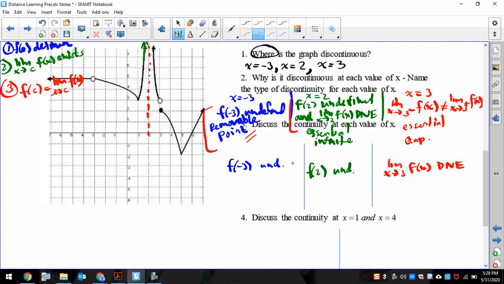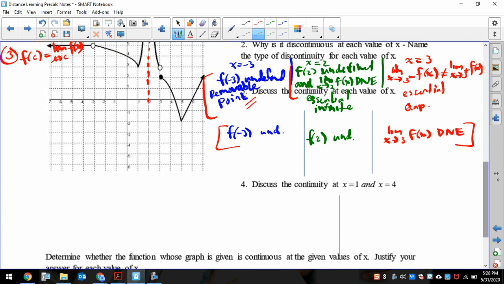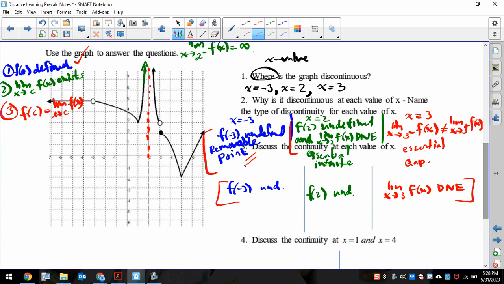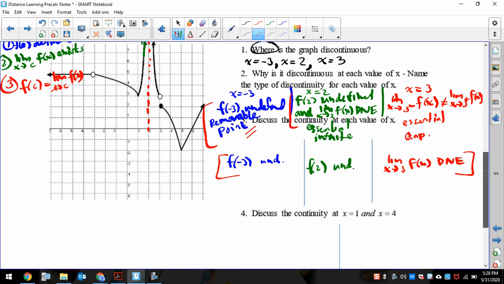So this is like the quickest and easiest way that you could answer number 3. So you're just giving which one of these 3 fails, and that's how you are answering the question. You're saying, hey, it's discontinuous. So each of these 3 points is discontinuous at the x value, and we're giving a more specific reason why it's discontinuous.